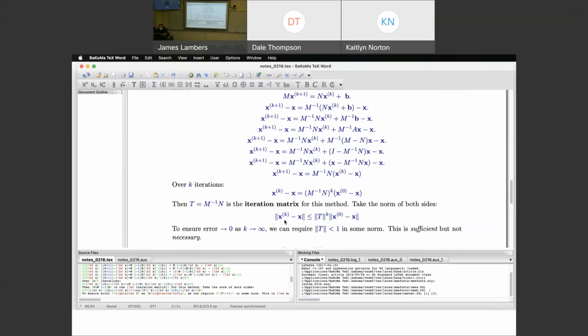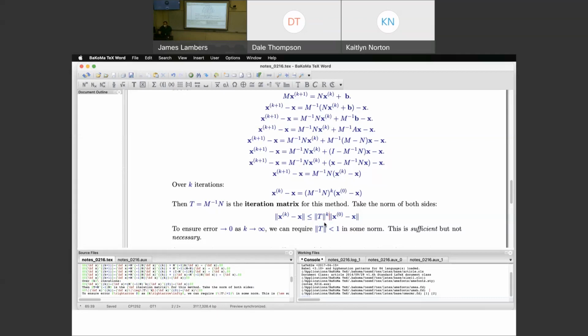Now, of course, I want this error to go to 0 as k goes to infinity. So we can see that that will happen if the norm of T is strictly less than 1. So the error will definitely decrease in magnitude from one iteration to the next, eventually getting arbitrarily close to 0.